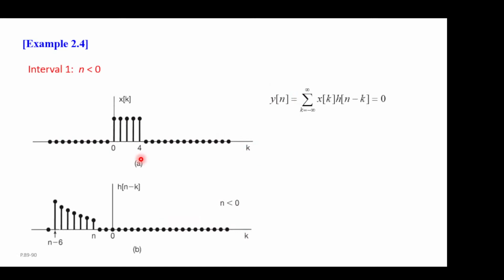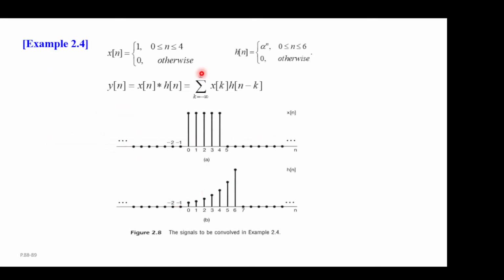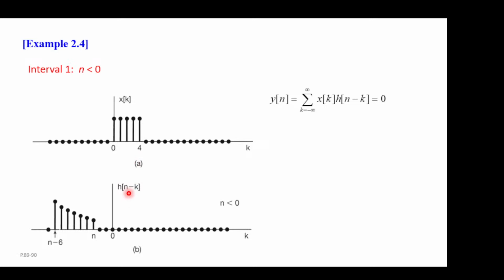So x of k is just x of k, and for h of n minus k, first you need to do the k reflection, so you reflect around k equals 0. And then you will pull the signal left and right by having different n. Then you want to see how those two signals multiply together and sum over k.